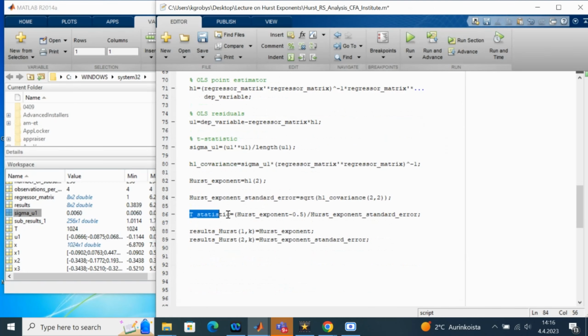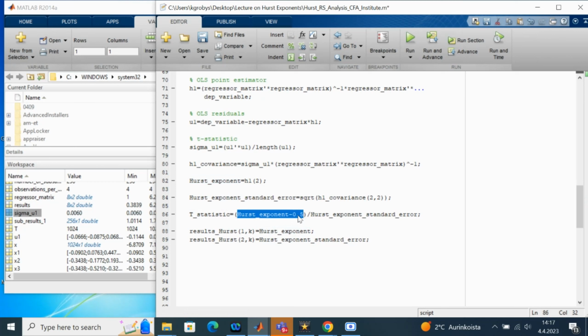So then the t-statistic, and again, we are interested in knowing if the difference between the estimated Hurst exponent and 0.5, indicating a memoryless process, is statistically significant, yes or no?